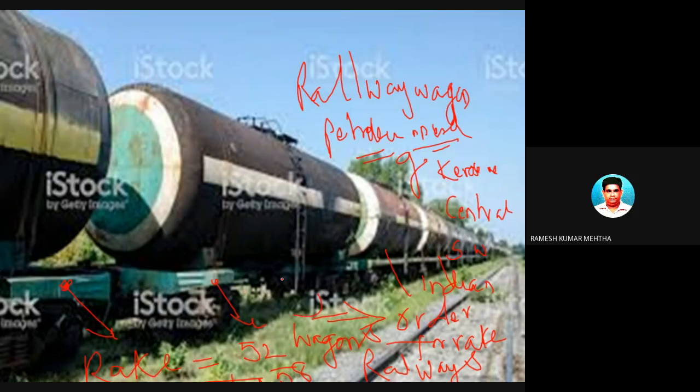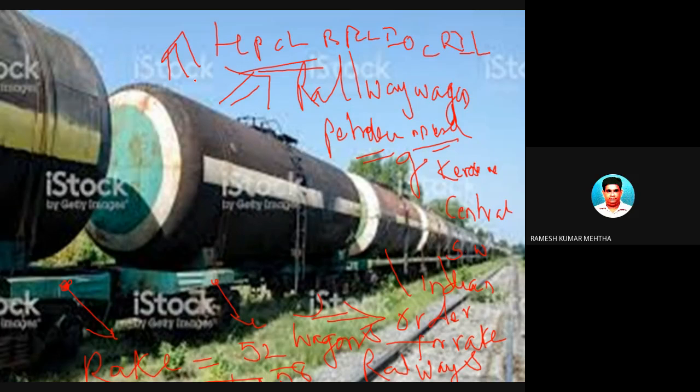If somebody wants to transport, for example, HPCL or BPCL or IOC or Reliance Industries, which manufacture petrol and diesel, apart from many other manufacturers, then they have to transport it by wagon, by the famous mode of transportation, which is railways. So they have to book railways and they have to pay appropriate freight charges for the same.